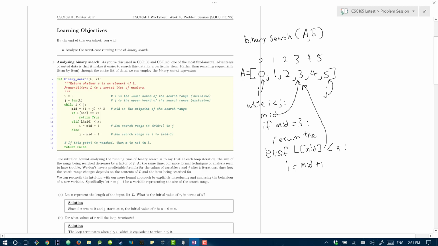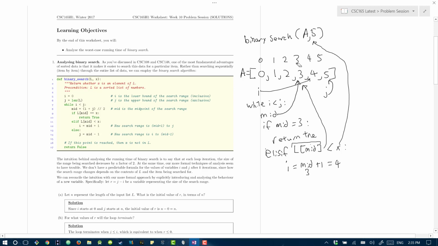Right now x is 5, and the value here is 3. So this is smaller. So what would happen is i equals the mid, 3, plus 1. So now i is going to be equal to 4, which means that i now points there.